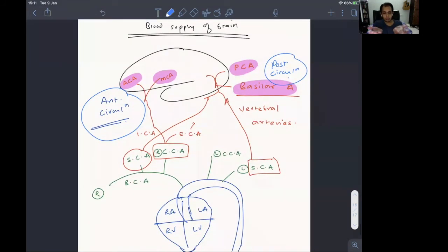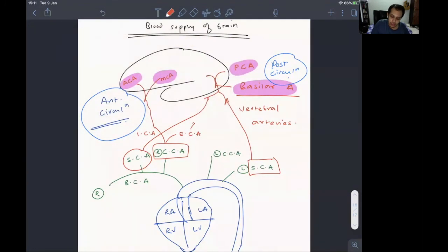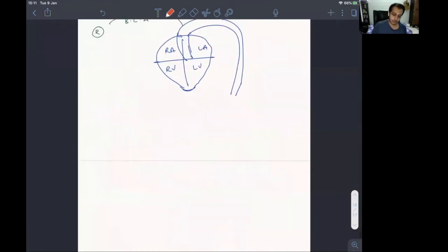At the base of the brain, the anterior and the posterior circulation meet and form a circle of anastomosis known as the circle of Willis. So the arteries from both right and left, anterior and posterior. The circle of Willis is essentially both the internal carotid arteries with ACA and MCA.